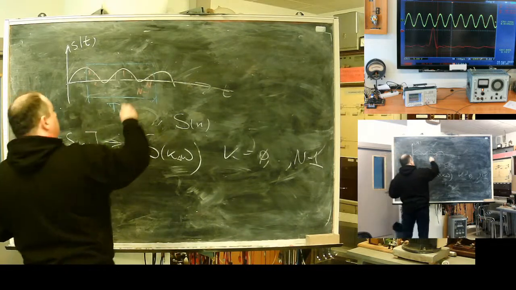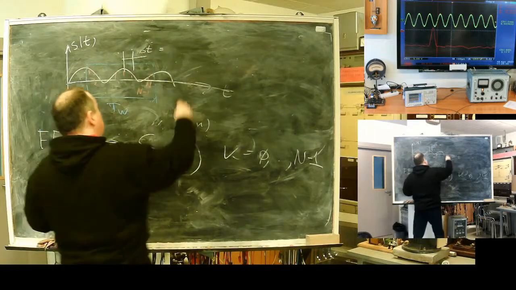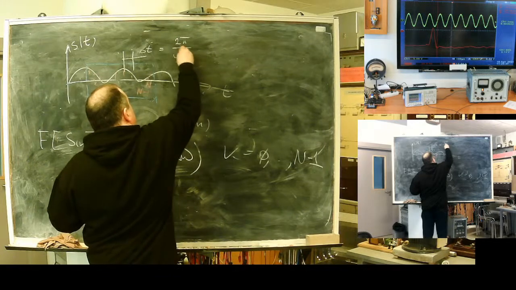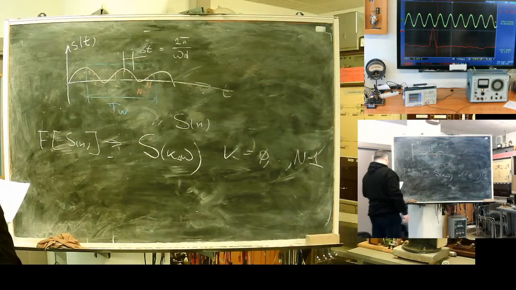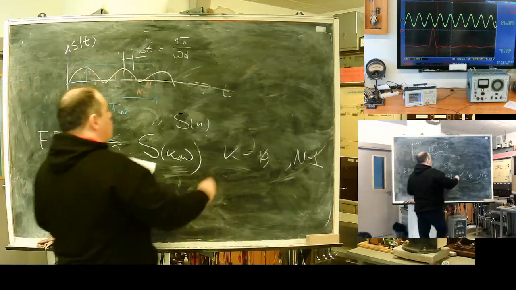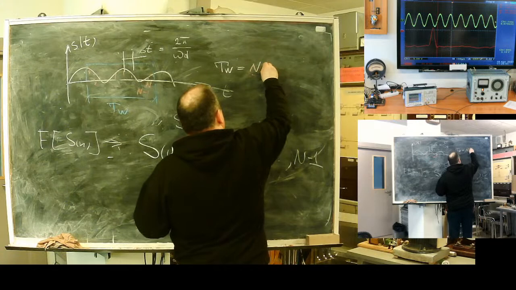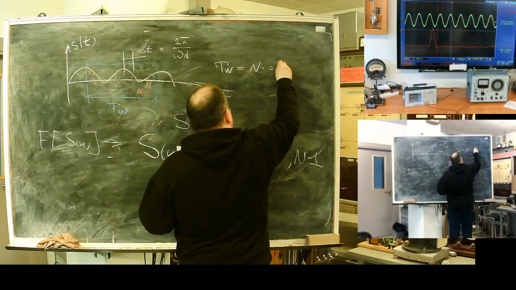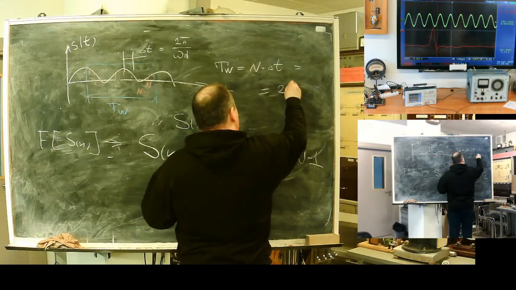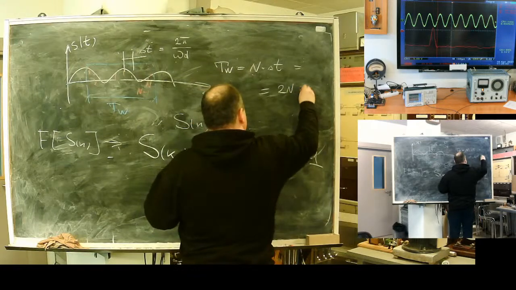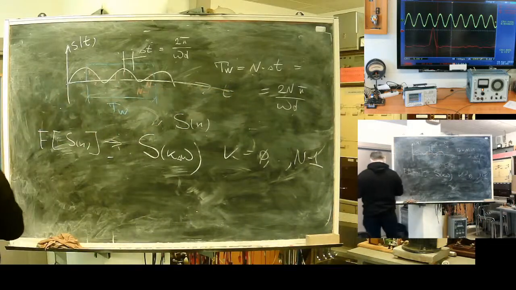Sampling rate. Here I have the sampling interval delta equal to 2π divided by the discretization frequency. So the whole time span of the window is N multiplied by the sampling interval, 2π divided by the discretization or sampling frequency.